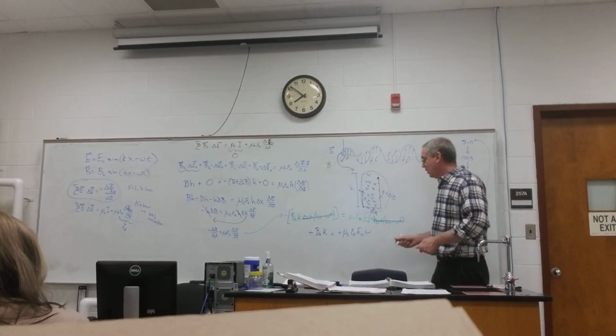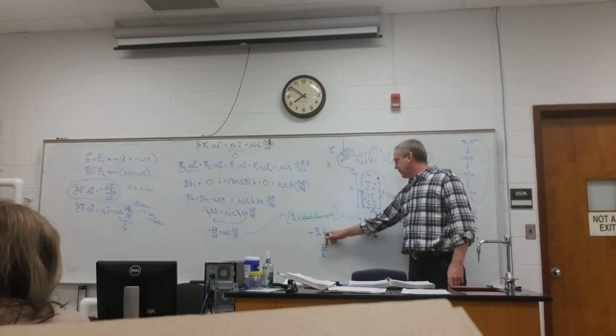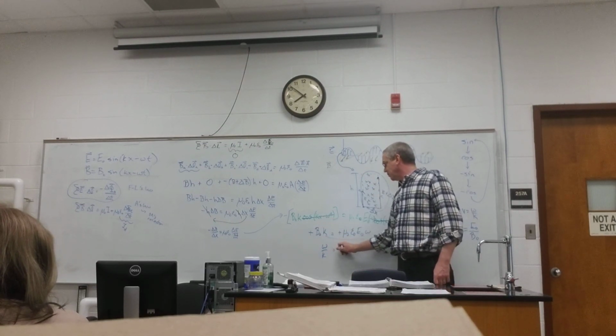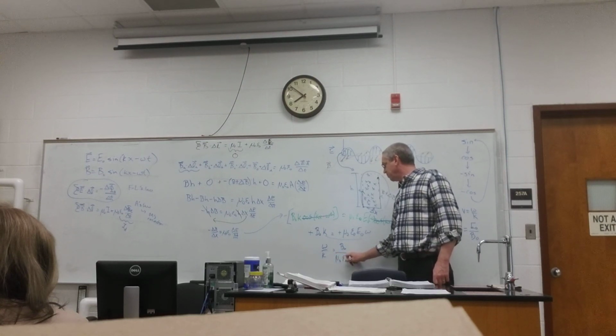So, omega over K. So bring the K over here and everything else to the other side, it's going to be equal to B sub 0 over mu naught epsilon naught E sub 0.